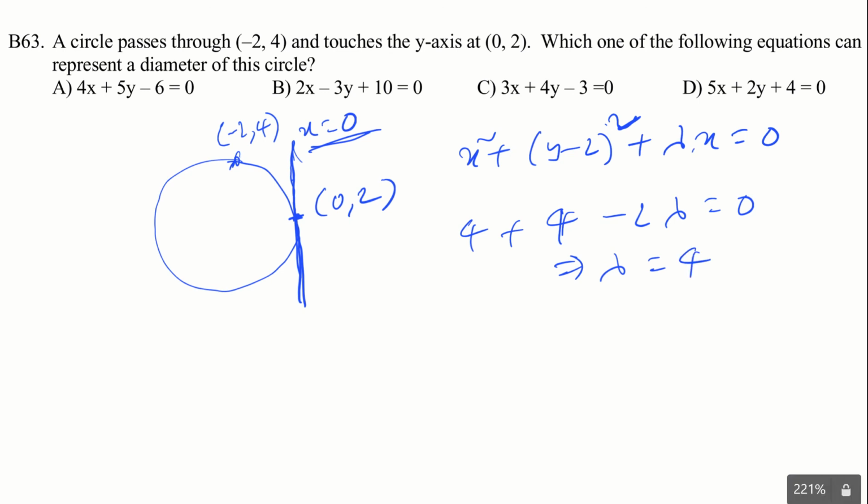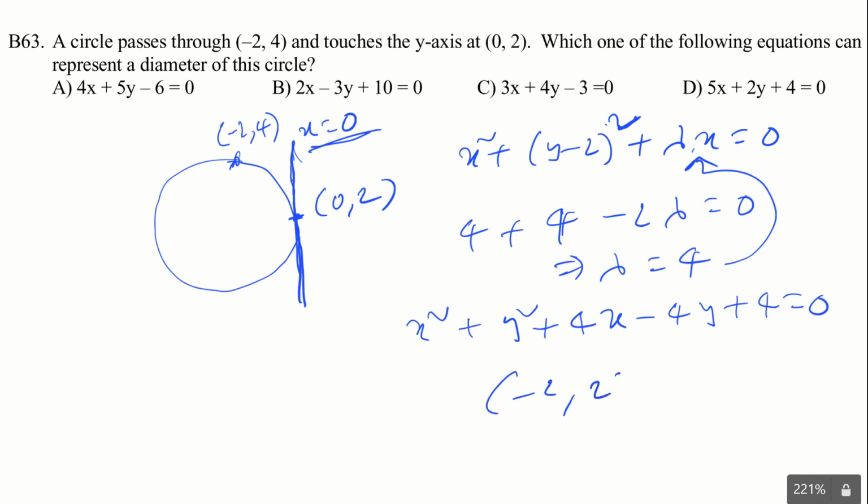So substituting back that λ value here, you have the equation of the circle as x² + y² + 4x − 4y + 4 = 0. Its center is (−2, 2). Now I observe that among the given equations, option B is satisfying it. Let's go to the next problem.